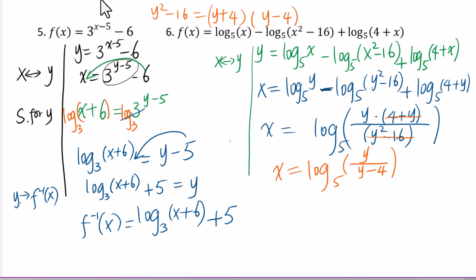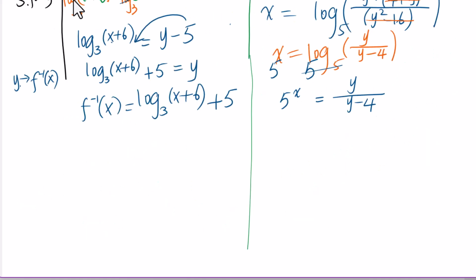Since we already isolate this log, we need to add base both sides. 5, 5. Then 5 to the x power equals y over y minus 4. We need to solve this. y times y minus 4 both sides.